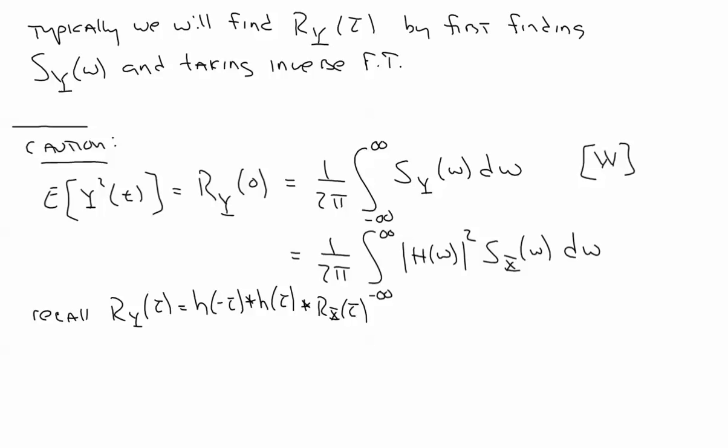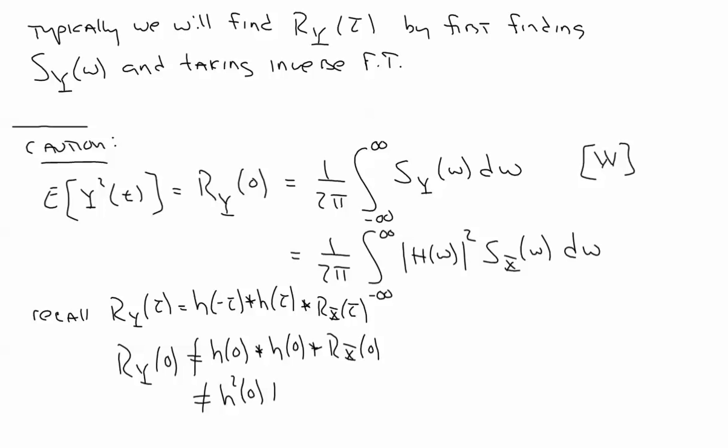The autocorrelation evaluated at 0 is not h of 0 convolved with h of 0 convolved with the input autocorrelation at 0. That is not a true result. Wrong, wrong, wrong.